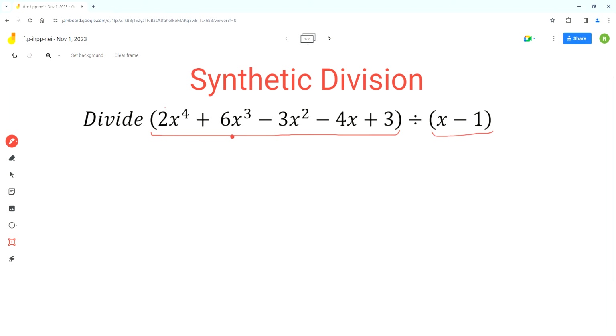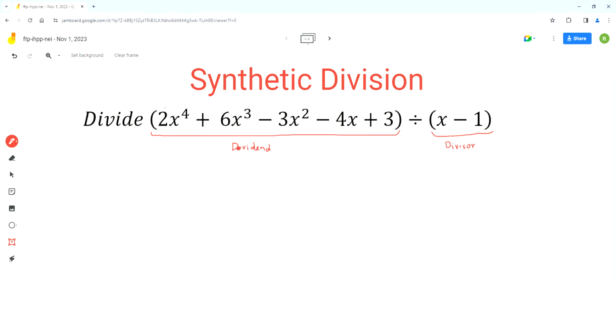The expression that we divide is called the dividend. And the other expression with which we divide this dividend is called the divisor.